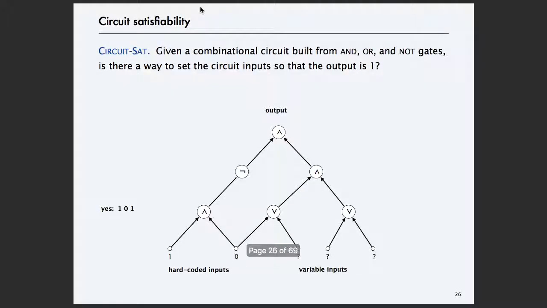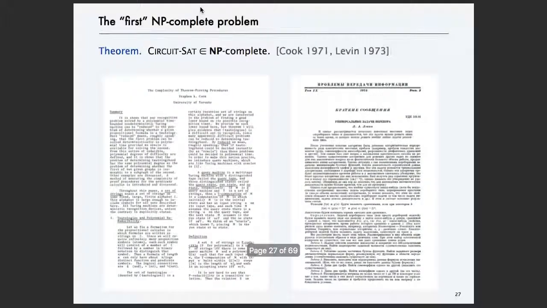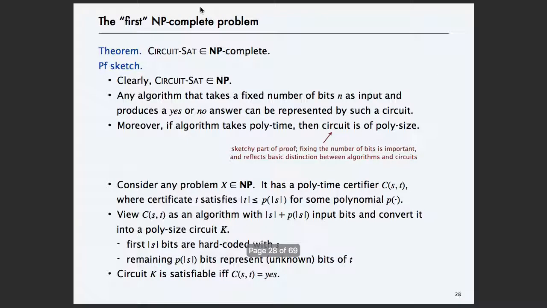We talked about circuit satisfiability. Given a combinatorial circuit, is there a way to set the circuit input so that the output is 1? And Cook and Levin in 71 and 73 proved that this is NP complete, right?